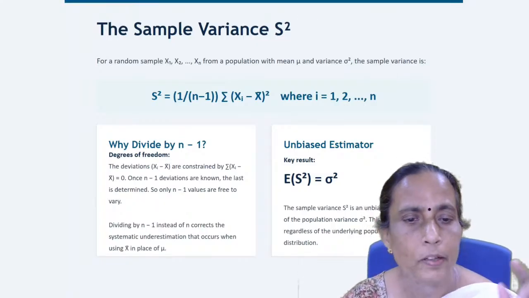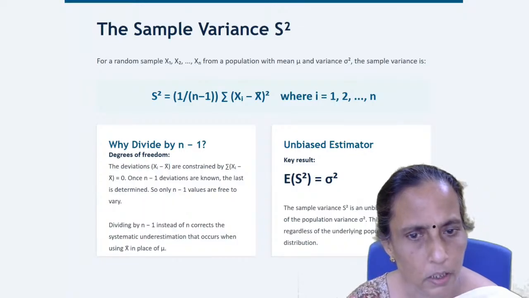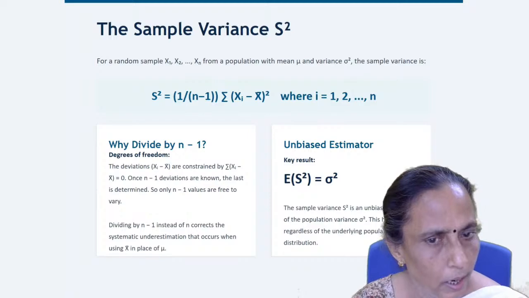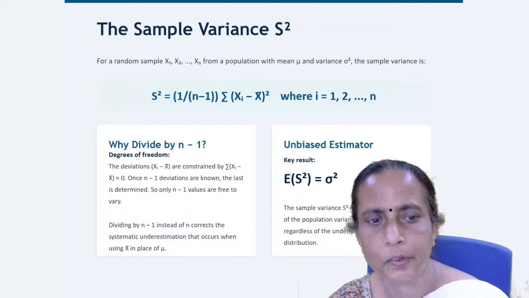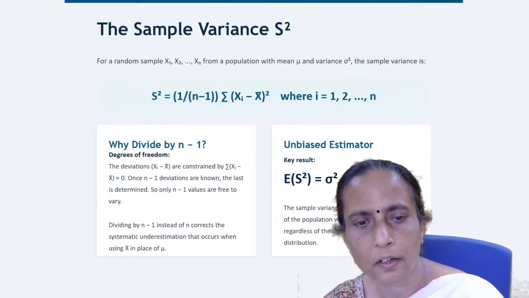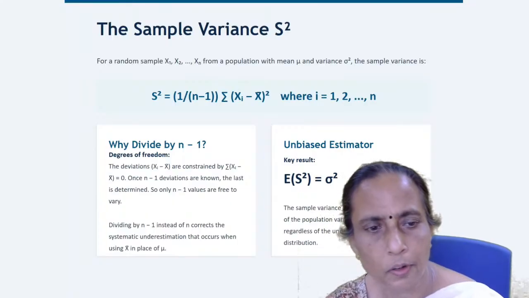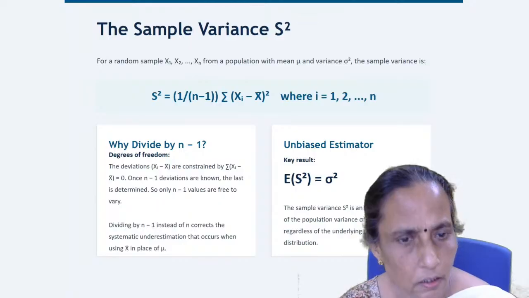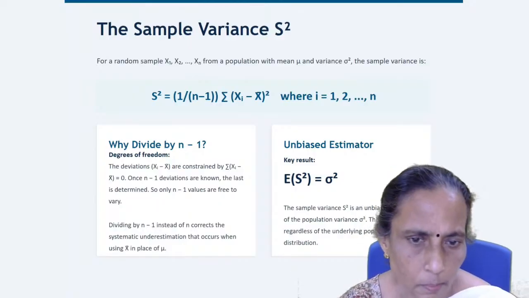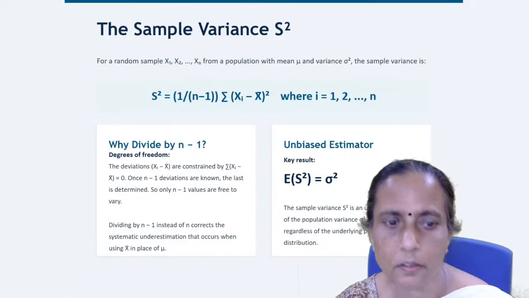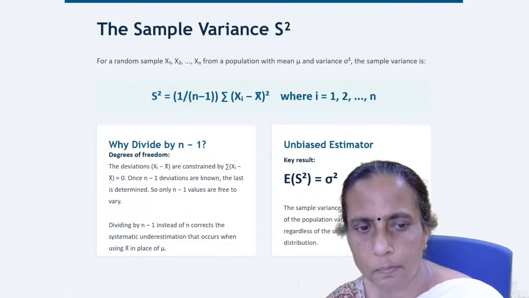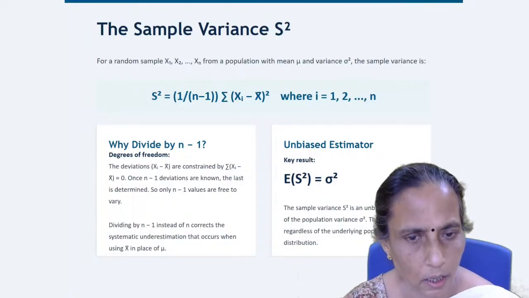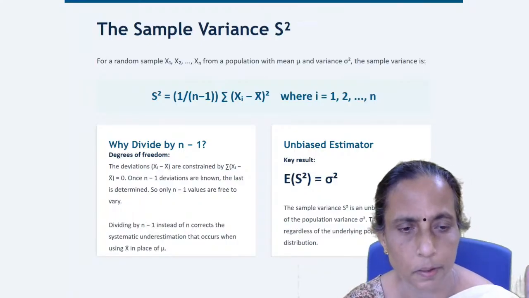The deviations are constrained by summation of xi minus x bar is equal to 0. We have a property that the summation of all the sample values minus the mean is equal to 0. So once n minus 1 deviations are known, the last is determined.